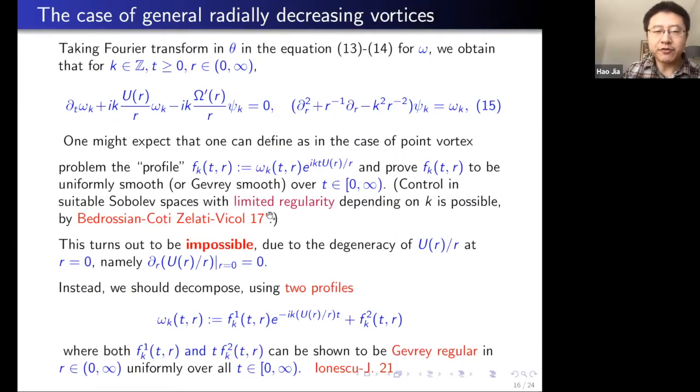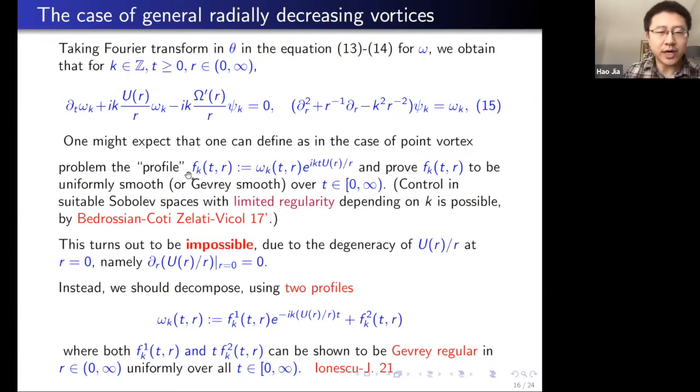Now if we compare this result with the result of Bedrossian, Coti Zelati, and Vicol, the reason why they can only get limited control in their very significant work is clear. If you define the profile in an apparently natural but ultimately incorrect fashion like this, it's very good for this term because you cancel the oscillatory factor, but for this term it's not so good because you artificially introduced another oscillatory factor, and that oscillatory factor has a derivative which grows in time.